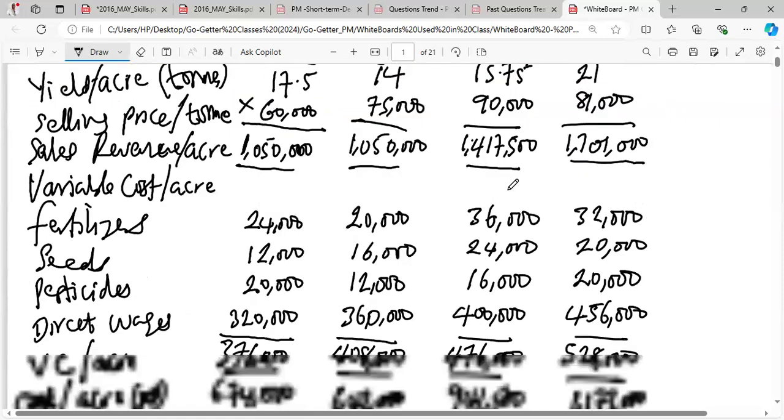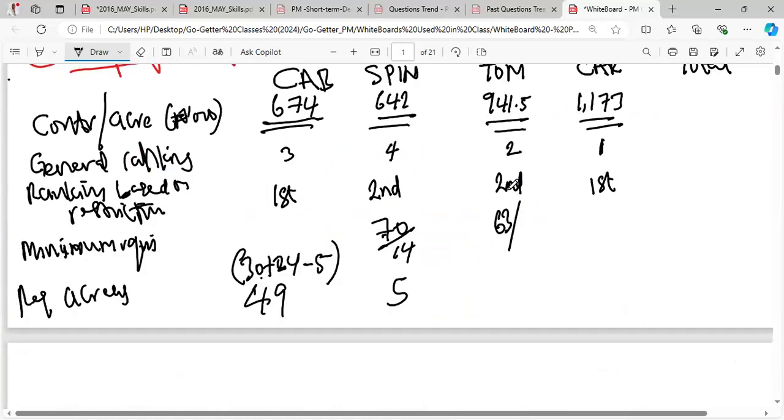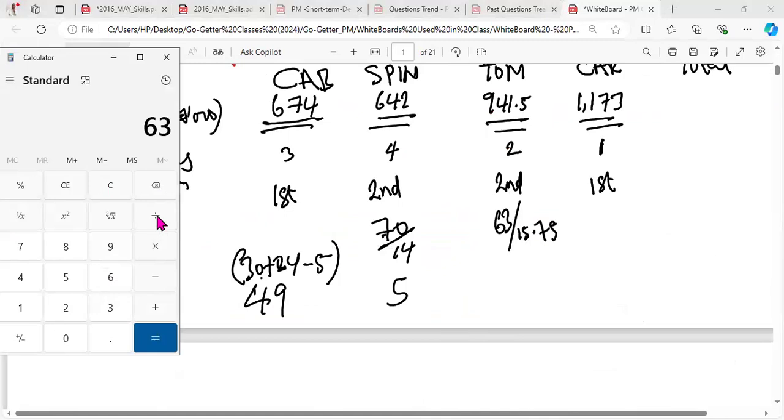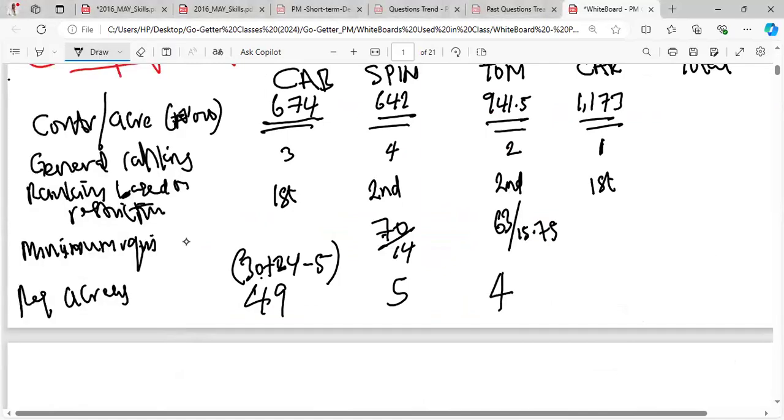So I will divide 63 by 15.75. That will give me 4. So this is going to occupy 4 acres.